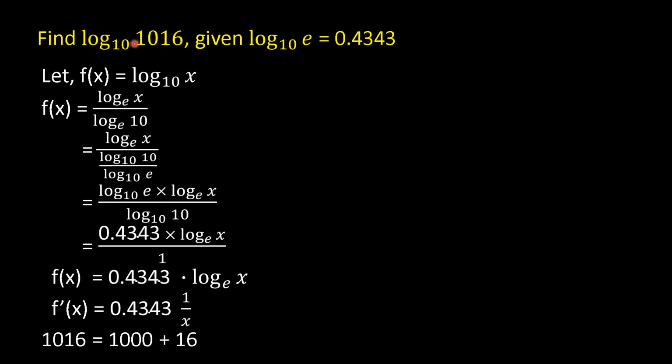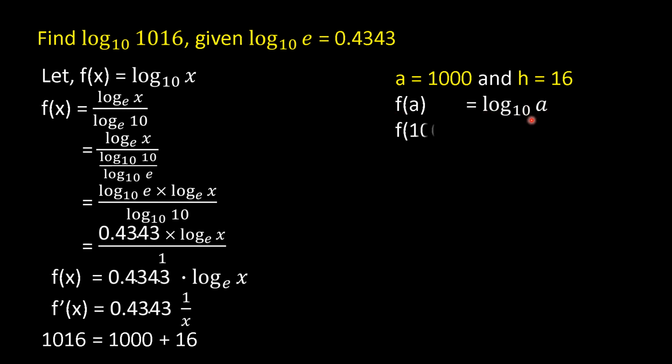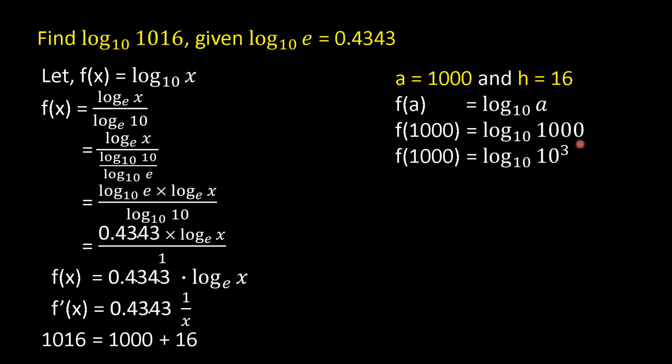We write 1016 as 1000 plus 16 so that a becomes 1000 and h becomes 16. We write f(a) equals log a to the base 10. So f of 1000 will become log 1000 to the base 10. We write 1000 as 10 cube so that this log becomes 3 times log 10 to the base 10. But log 10 to the base 10 is 1, so we get f of 1000 equals 3.